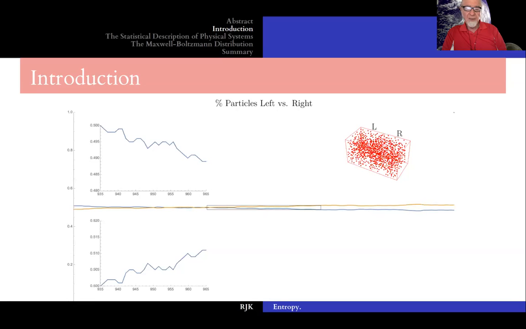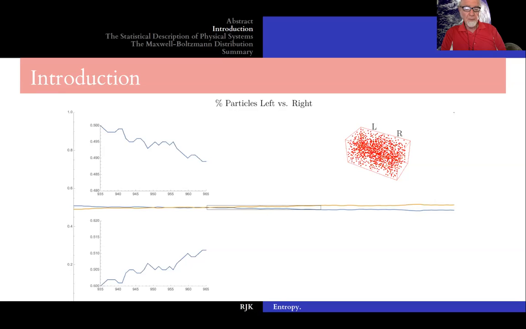So we've been able to use a very, very simple model to show how, and it's exactly the same model that we had before, except that every zero was a left and every one was a right. So I changed the zero into a left and the one into a right, and we got the behavior of free expansion of a gas.